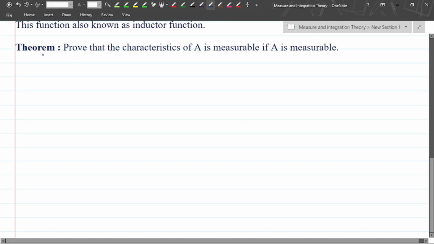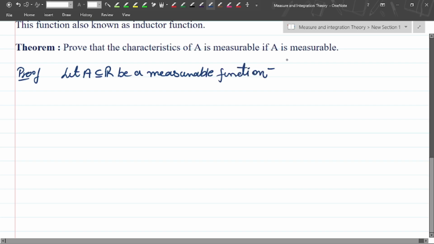Proof of this theorem: let A, a subset of the real numbers, be a measurable set, and let alpha belong to the real numbers. What is the definition of a measurable function?